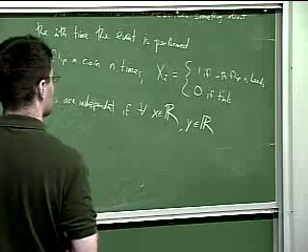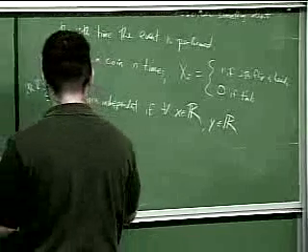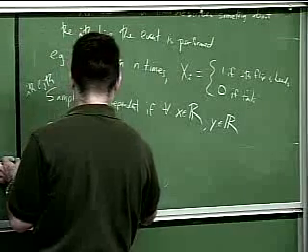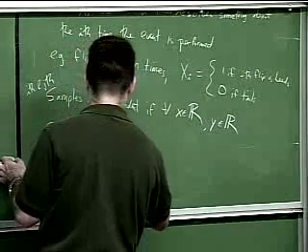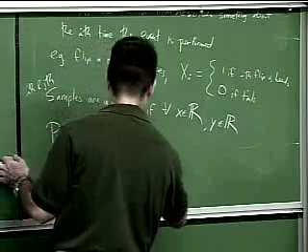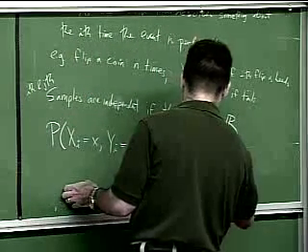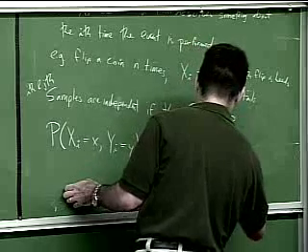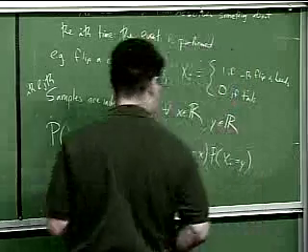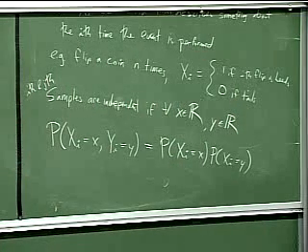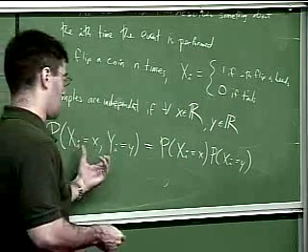Ith and jth samples are independent if for all x and for all y, probability that x sub i equals x and y sub i equals y equals probability that x sub i equals x times the probability that x sub i equals y. Okay, so we say samples are independent if you can define this particular random variable.